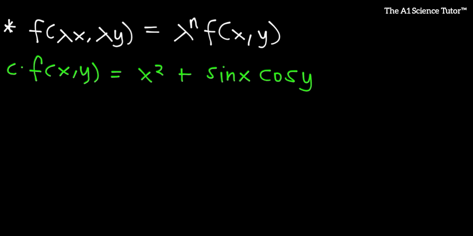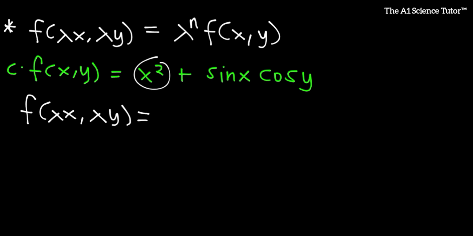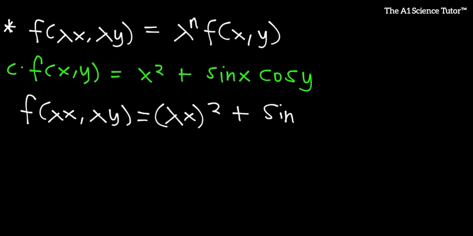Now, of course, we need to apply f of lambda x comma lambda y. So over here, we're going to change x to lambda x and square everything. Then on this side, I'm going to have sine lambda x multiplied by cos lambda y. Of course, for this one, we should actually have lambda squared multiplied by x squared.